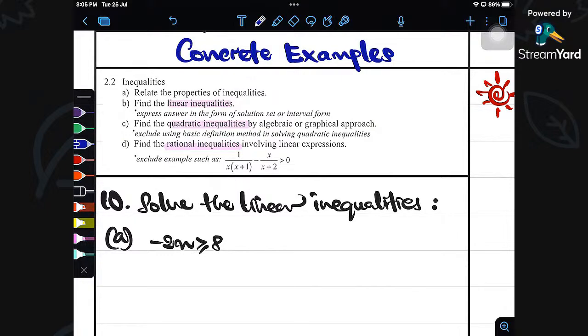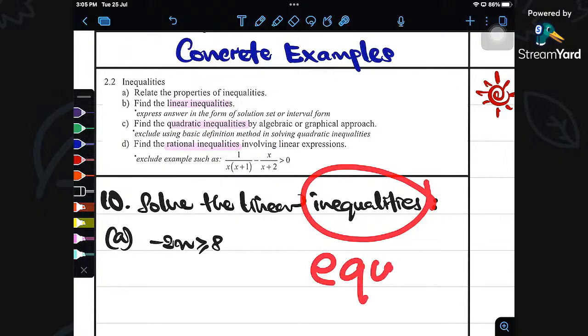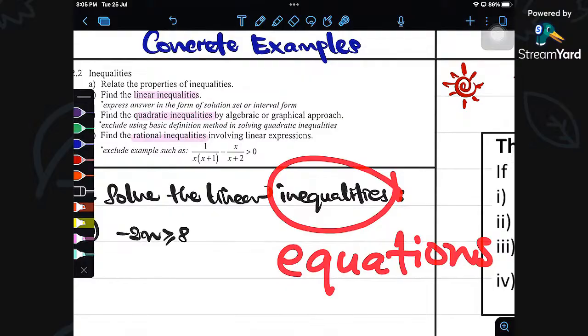I hope that you understand the real meaning of inequalities. So basically, inequalities is definitely not the same as equations. We have learned 2.1 equations. So many equations that we have done the exercises, right?